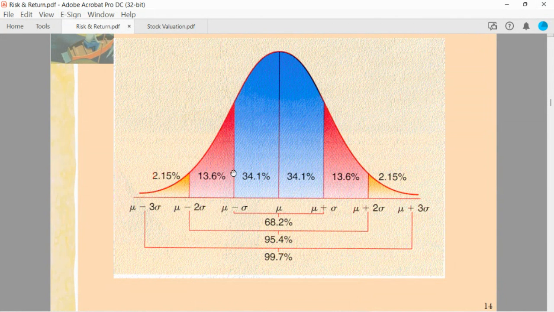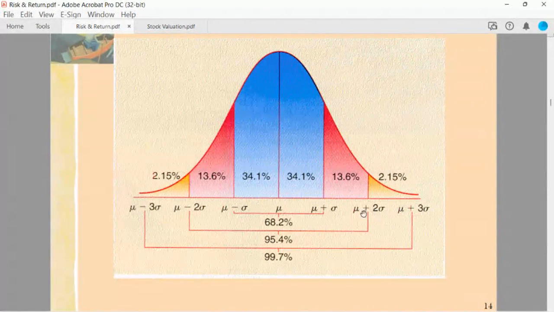This would be -5 then. Also a 34% probability the actual next month return will fall between 3 and -5. And also there is a 14% probability that the actual return will fall between 11% and 19%, right?